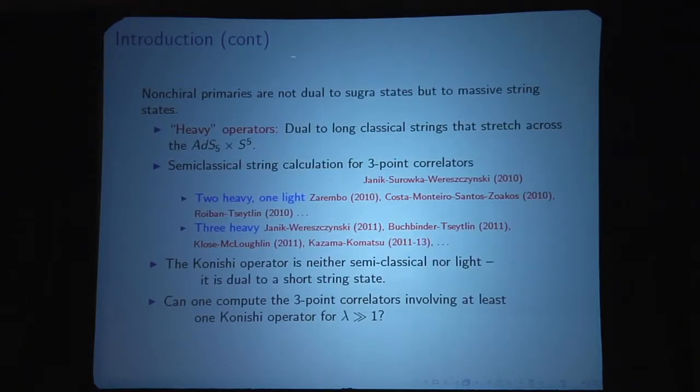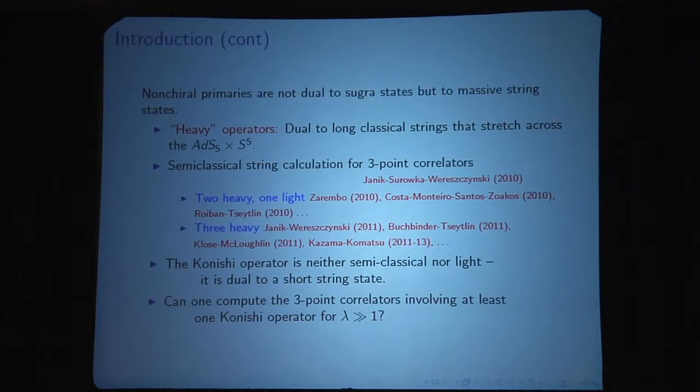Now, non-chiral primaries are not dual to supergravity states; instead they're dual to massive string states. One type of operator we can consider is sometimes called heavy operators. These are operators dual to long classical strings that stretch across a large part of AdS5 or S5.